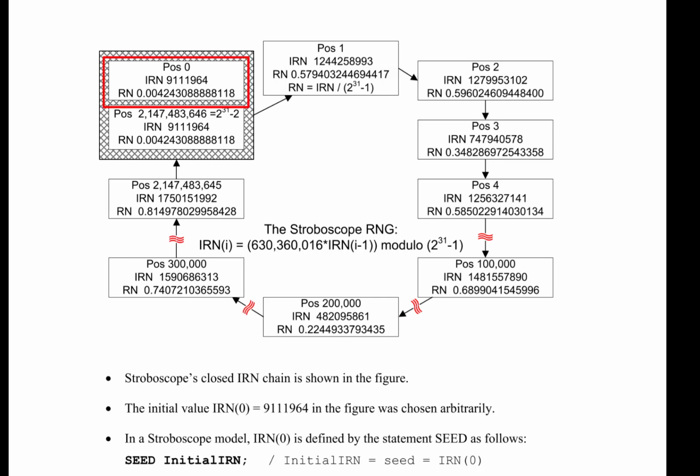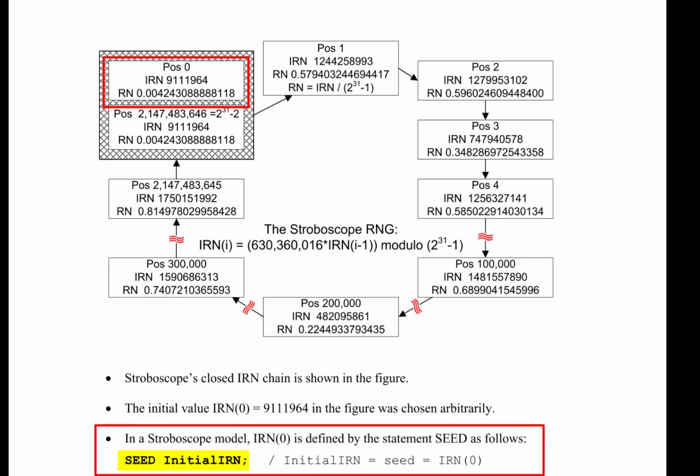The starting position that is used in a stroboscope model, that is IRN0, is defined by the statement seed that is used in the simulation model, which is as follows. The argument initial IRN can be any integer number in the range from 1 to 2 to the 31 minus 2.